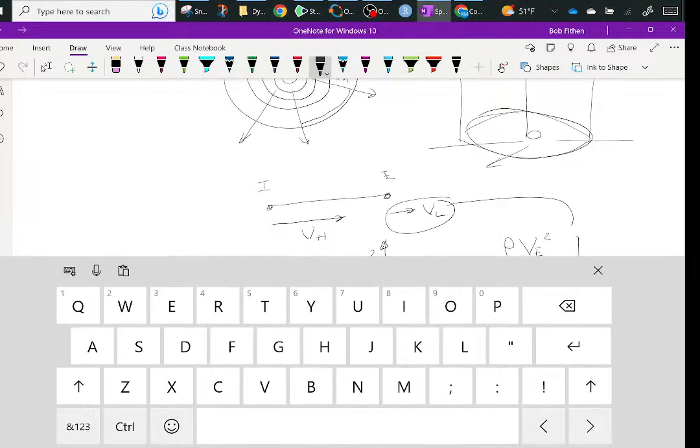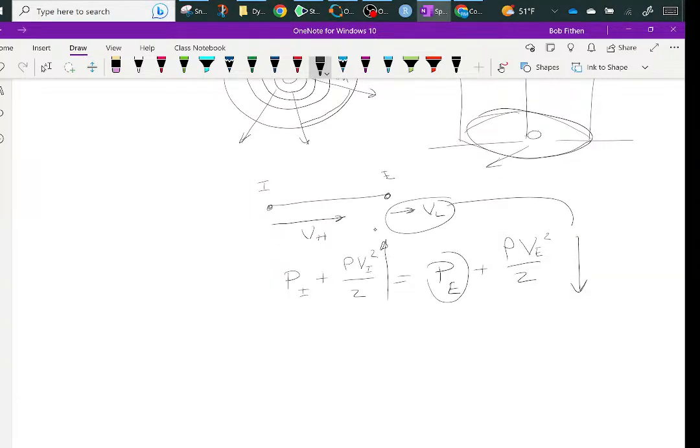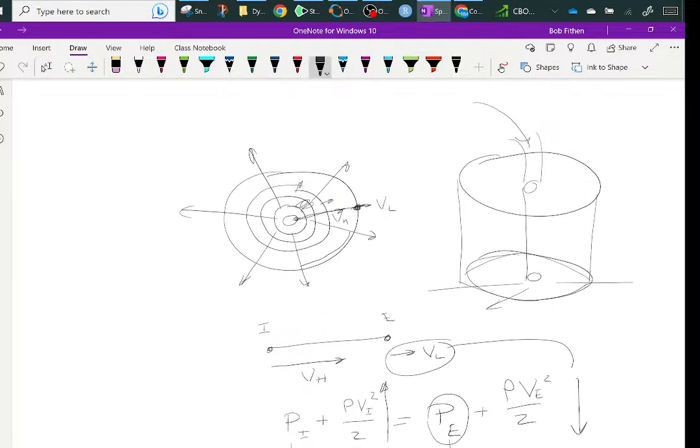This is atmospheric, and so gauge pressure, this would be 0. So let's just make up numbers. Let's say this is 2 and this is 10. So this has to be -8. So what you pull is a vacuum. And you're pulling a vacuum closer back in here. So this is a lower pressure.